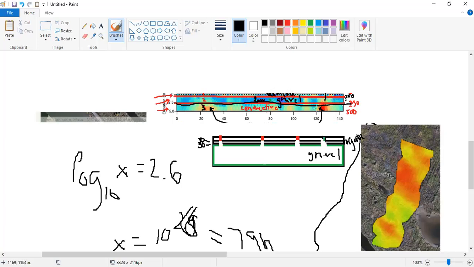We put the layer in there because there was a change in color, right? So the conductivity was different. Why is the conductivity different? What controls the conductivity? It's the salinity. The more saline the layers are, or the more salt content the layers have, the more conductive the soil becomes.